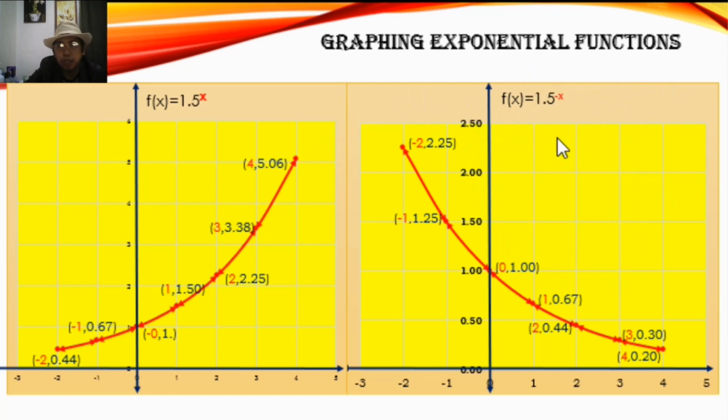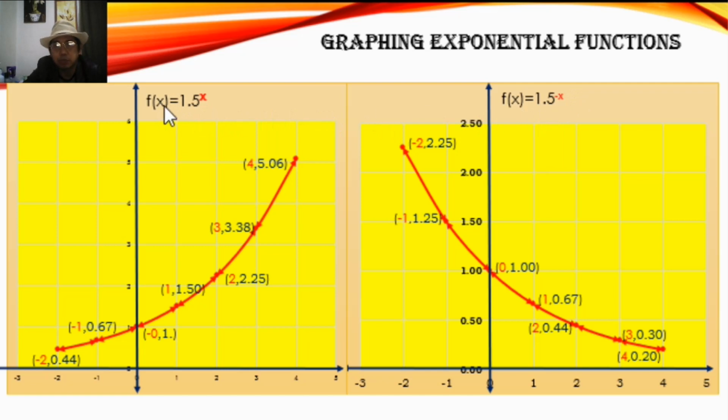This graph is the graph of what we call the decay model. When we say decay model, there is the exponential decrease of the function.